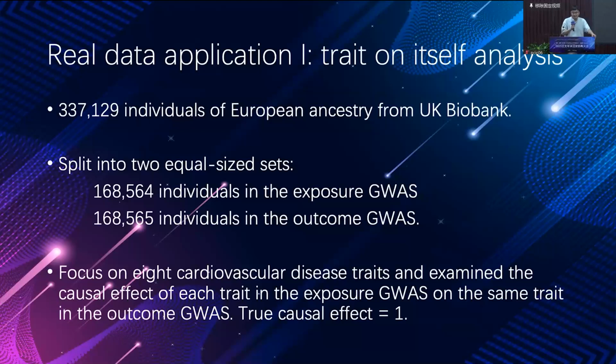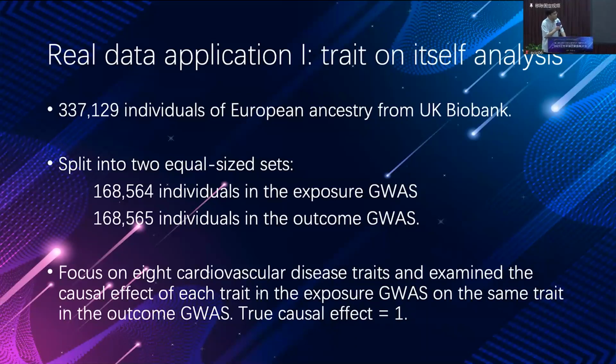One is used for the exposure GWAS and the other for the outcome GWAS. We mainly focus on 8 cardiovascular disease traits and examine the causal effect of each trait in the exposure GWAS on the same trait in the outcome GWAS.